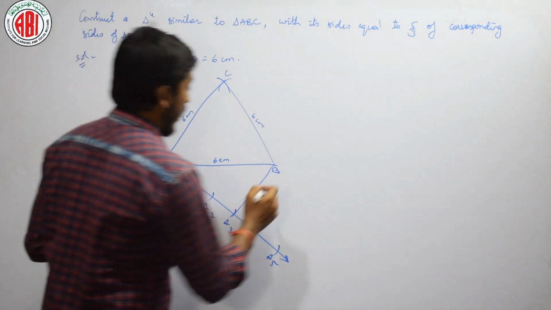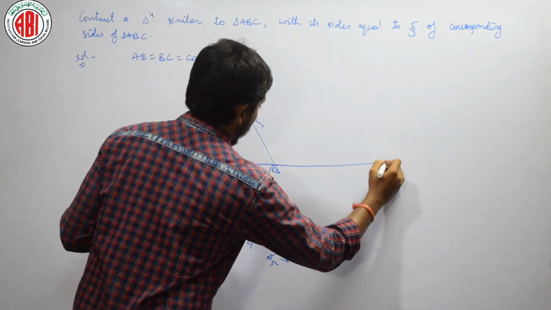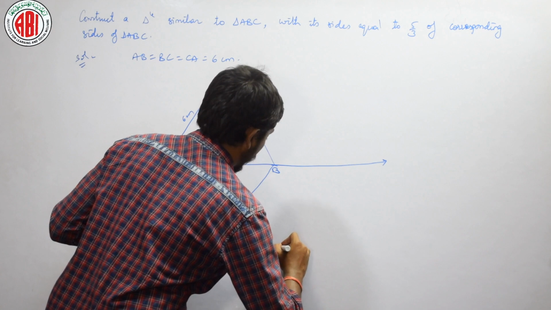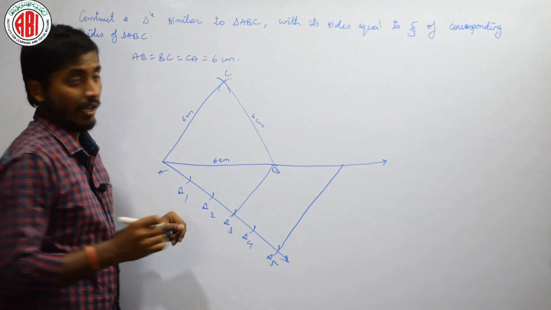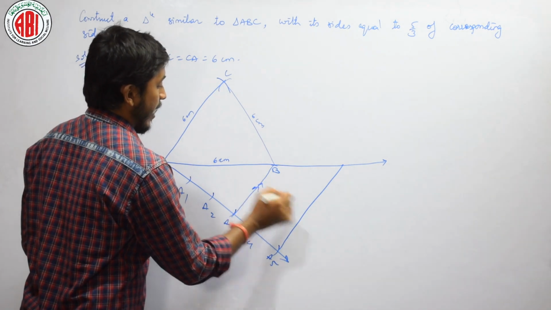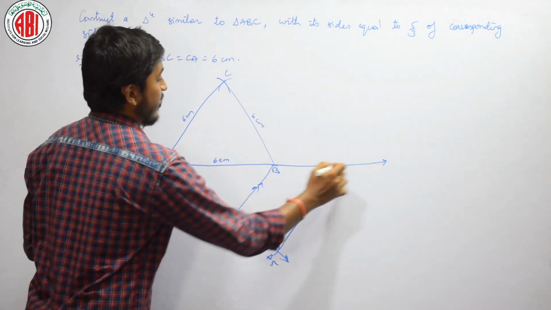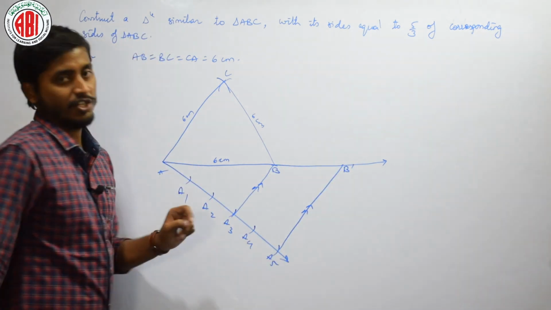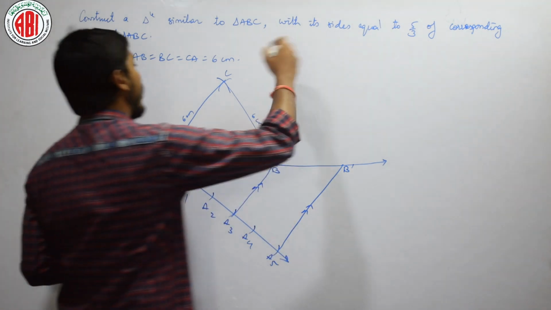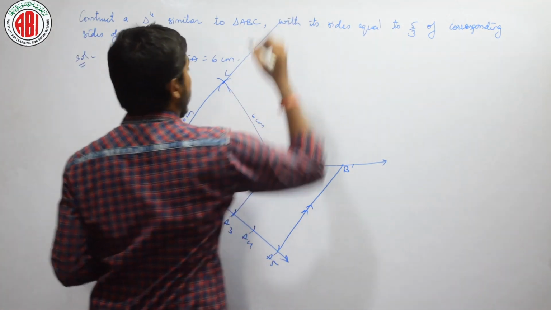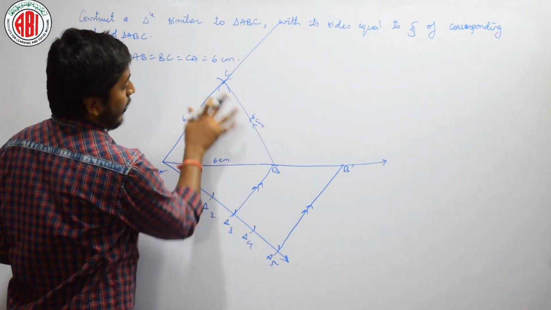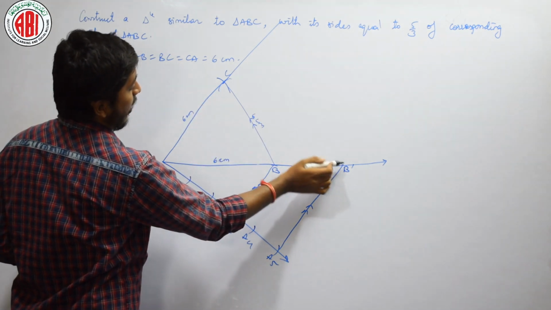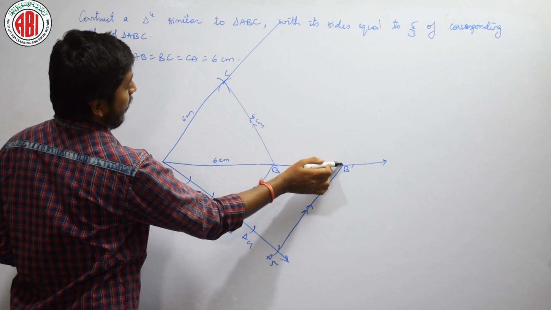Now we have to draw a line which is parallel to that line. Is it okay? This is parallel to this line. If this is B, let us assume it to be B dash, right. Similarly, we have to extend this point and we have to draw a line parallel to this BC.